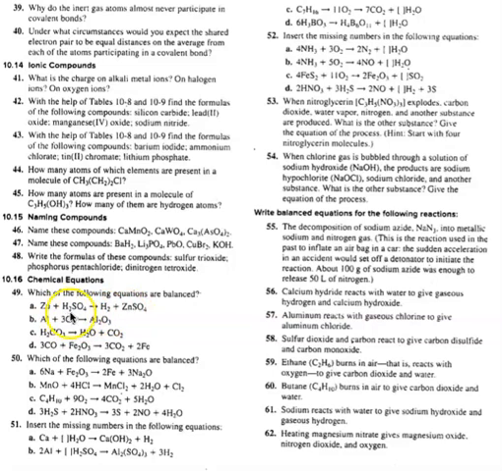I see 2 atoms of hydrogen on the left-hand side and 2 atoms of hydrogen on the right-hand side. So hydrogen is balanced. I see 1 atom of sulfur on each side, so sulfur is balanced. I see 4 atoms of oxygen and 4 atoms of oxygen. So the first equation is completely balanced.